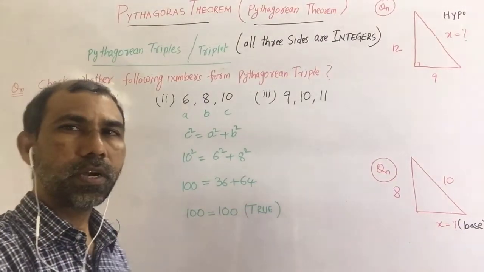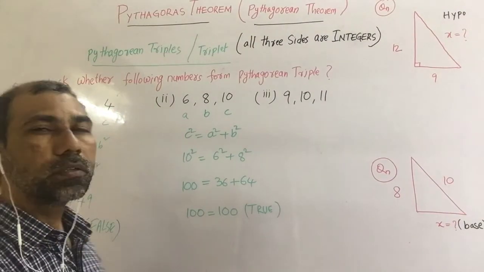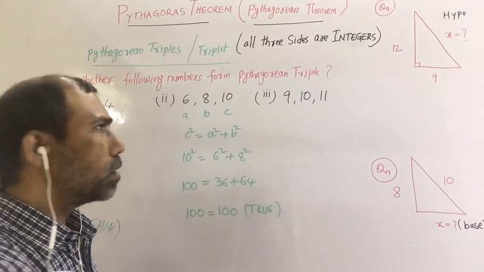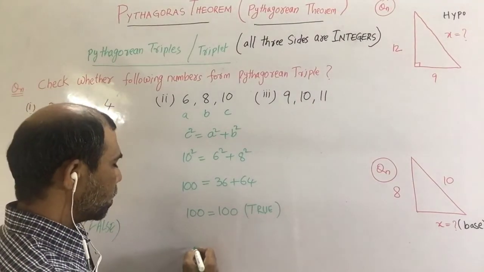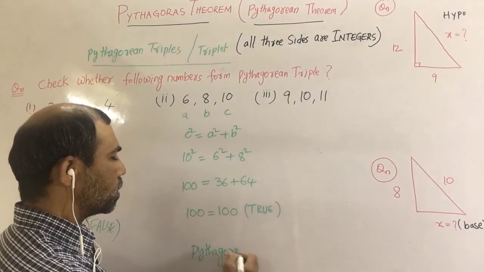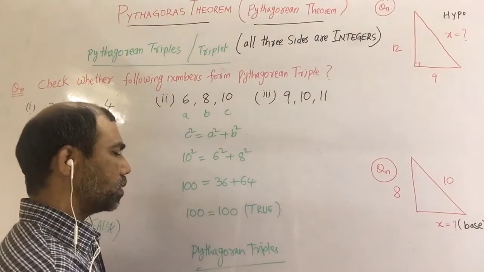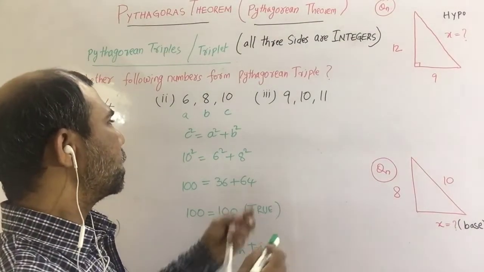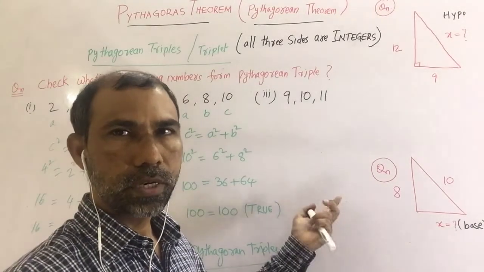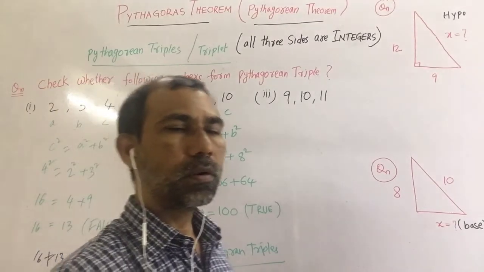That means you can decide these three sides are Pythagorean triples. And you can check 9, 10 and 11, and decide whether they are a Pythagorean triple or not.